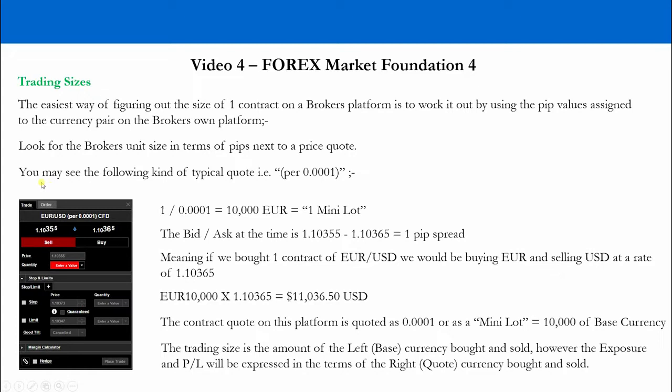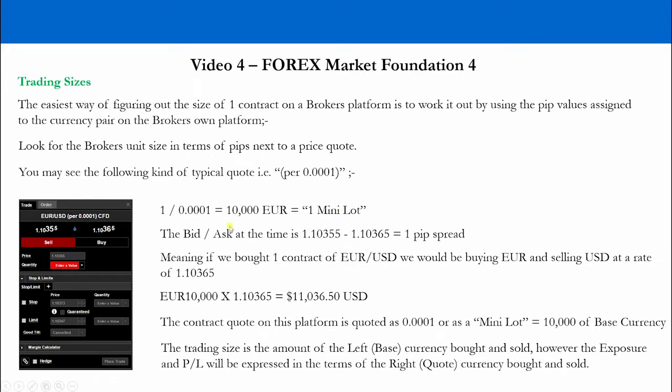So you might see the following kind of quote here, where it says in euro dollar per 0.0001 CFD. And what you do is you divide 1 by this value, and this gives you 10,000 worked out in the base currency.